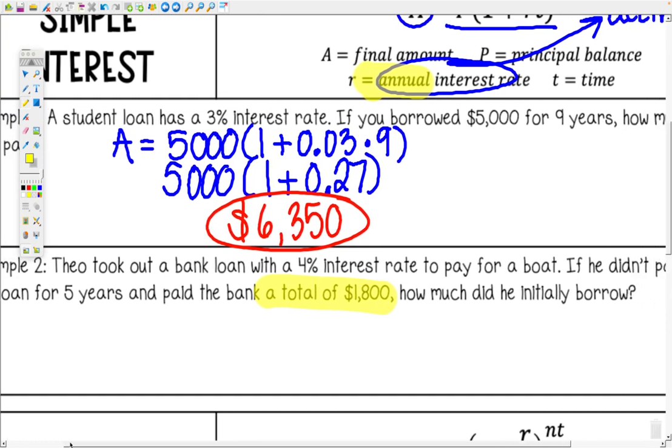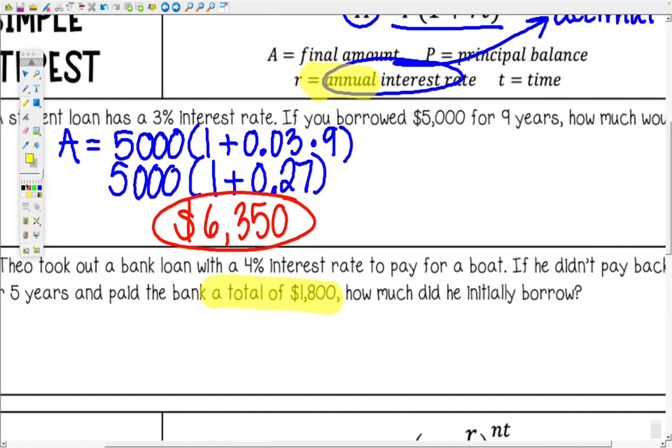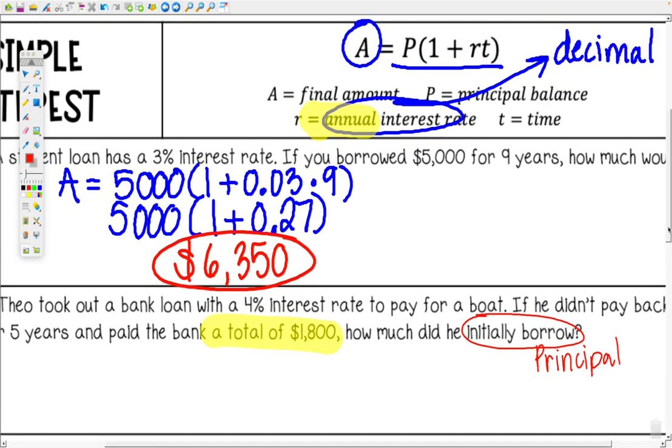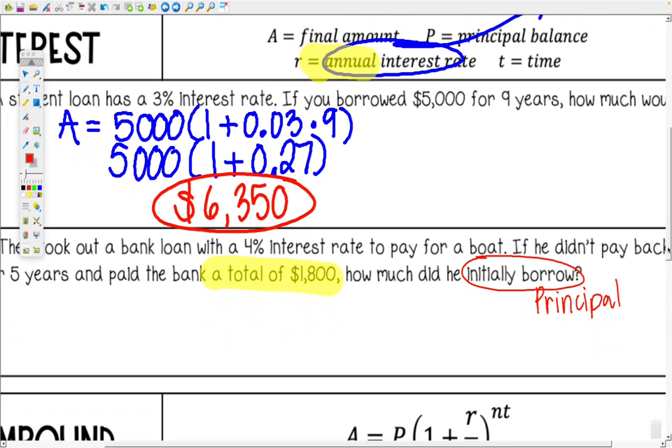It's asking for what he initially borrowed, which we call the principal. We are looking for the principal balance, meaning the amount you borrowed to begin with. So this time you put everything in place but solve for P. I'm going to substitute all the values they give us, with the total amount going first, 1,800.